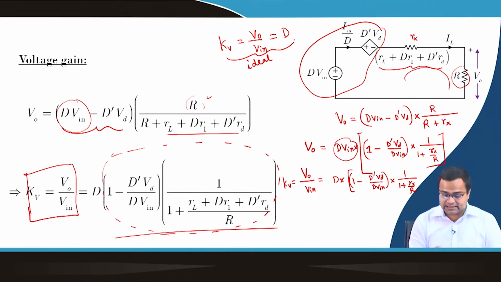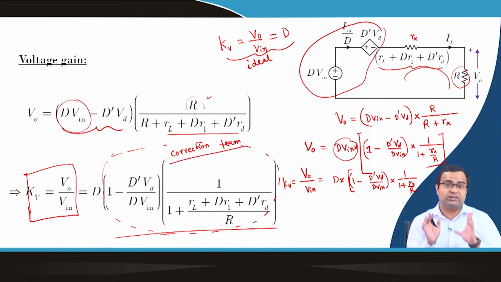But in the practical case, this is a correction factor or correction term which should be multiplied to get the suitable voltage.